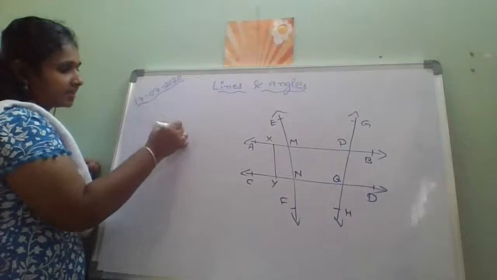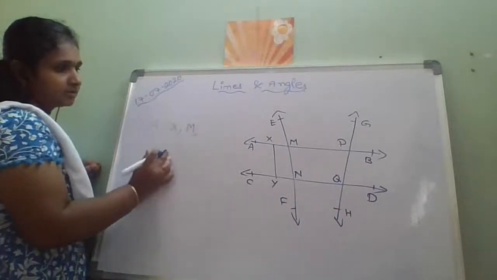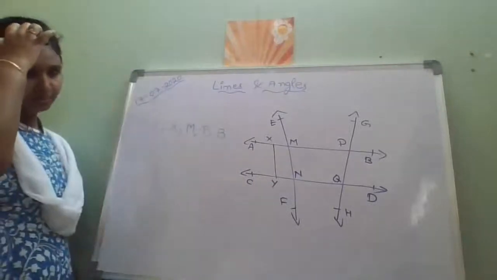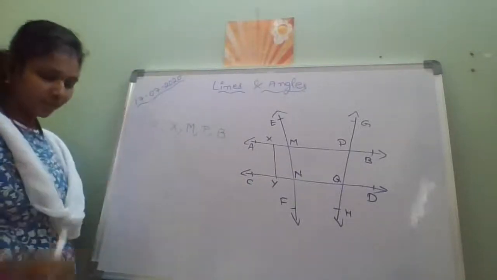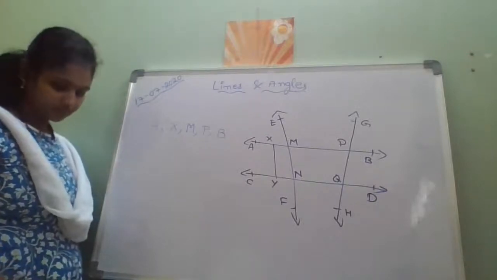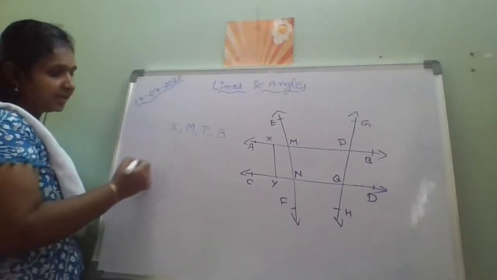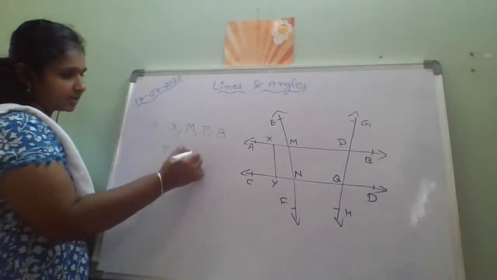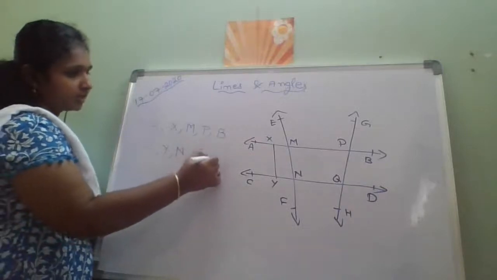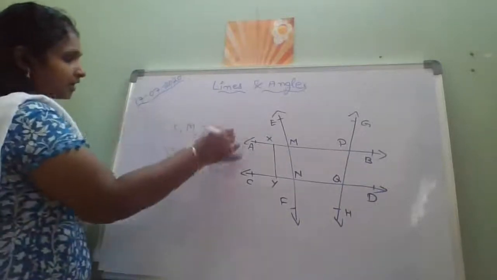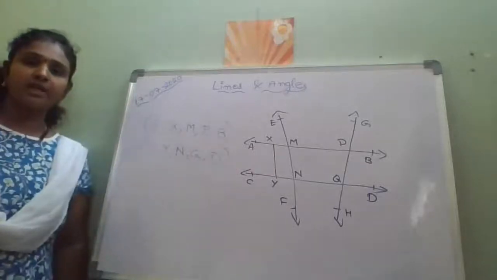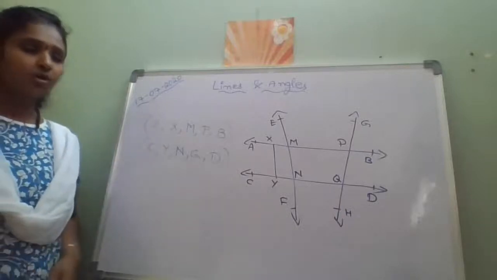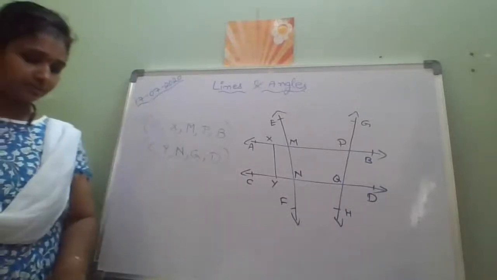A, X, M, P, B. Next, one more set: C, Y, Q, D. So these are sets of collinear points.